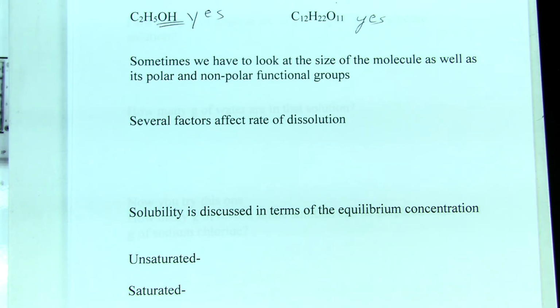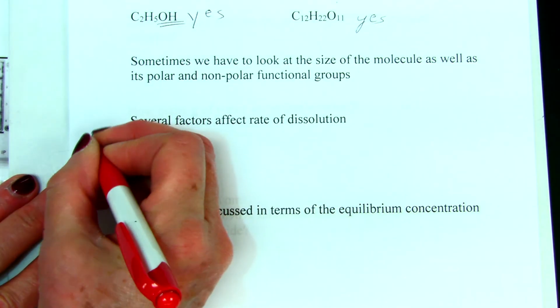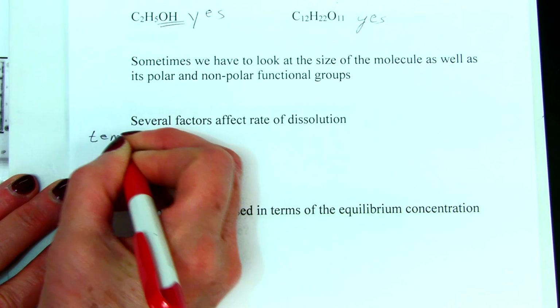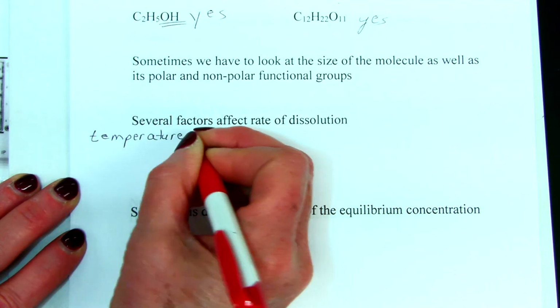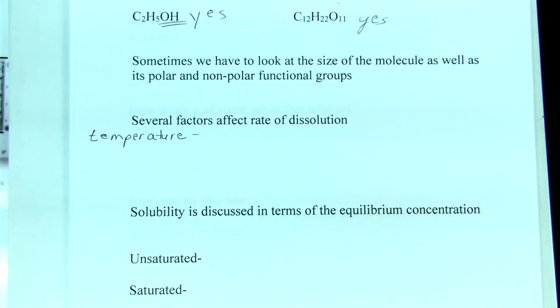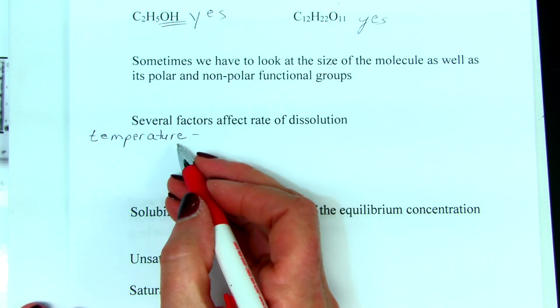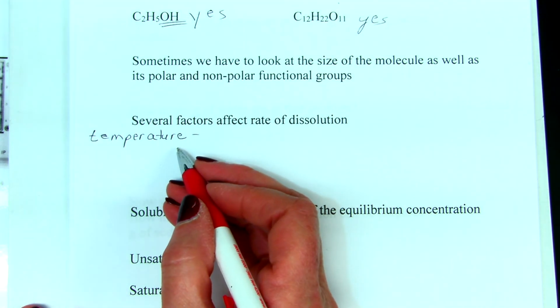So several factors can affect the solubility and the rate at which something dissolves. And the first one is temperature. Now, based on your everyday life from cooking, or anybody ever make that hard rock candy at Christmas where you throw the Lorann oils in there? Okay, I like that stuff. So think about what you learned making hard rock candy.